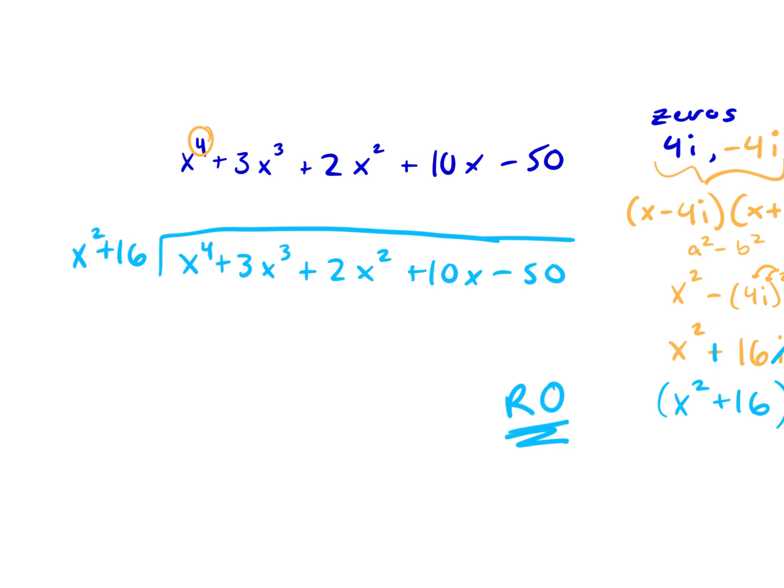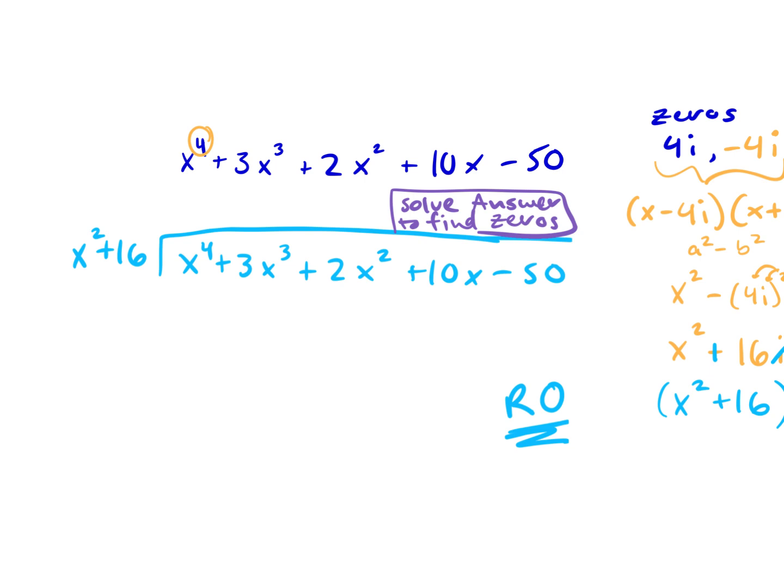And then you factor the answer to find the remaining zeros. So whatever you get as your answer, set that equal to 0, solve. You may just have to solve it, or you might have to factor it to find your remaining zeros.